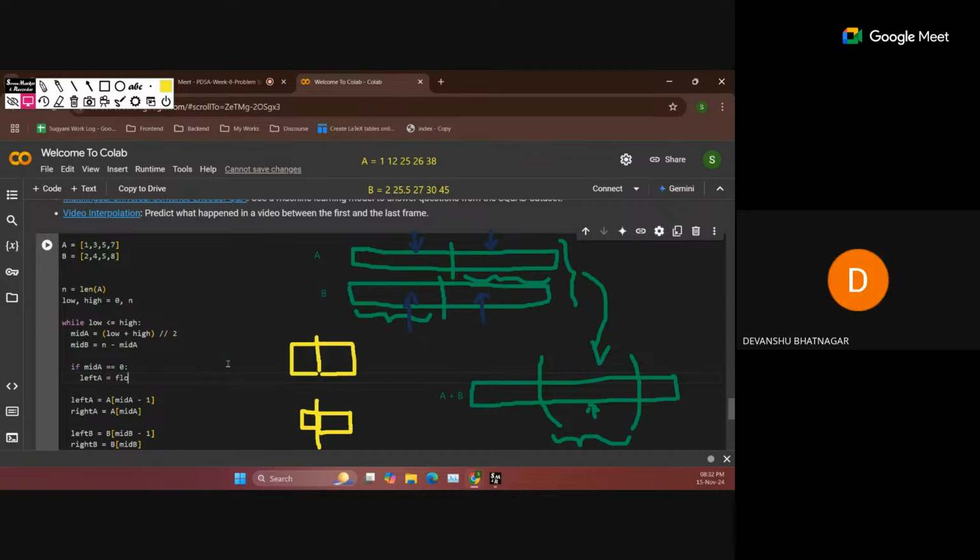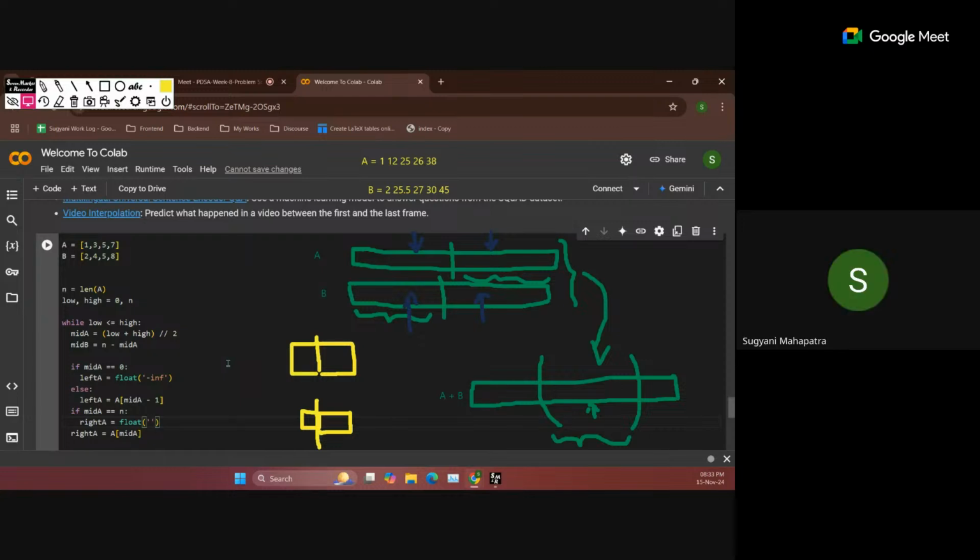Negative infinity. Negative of infinity, right? So it will be minus infinity. Otherwise, we can just assign the same thing, which is left of A is equal to A of middle of A minus 1. Similarly, for right of A also, if middle of A is equal to the last element, which is equal to n, it is not the last element, the value after the last element, then what should be the value for right of A?